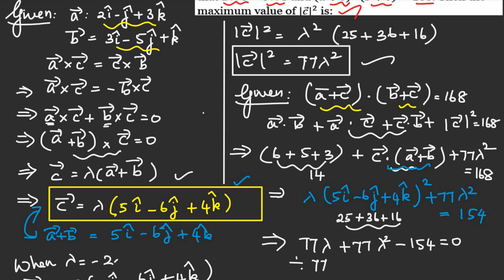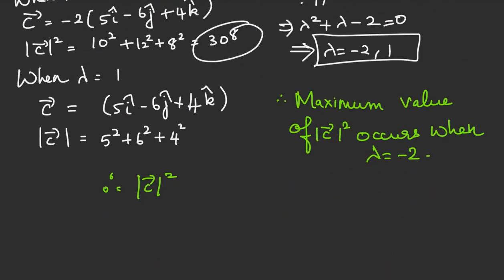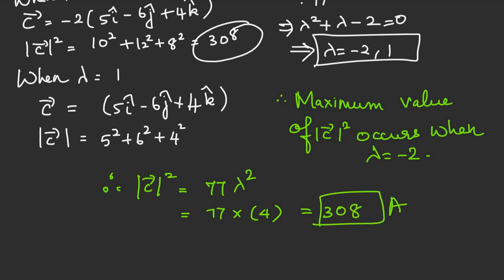We know that |C|² is equal to 77λ², so the maximum value occurs when λ is equal to −2, and therefore |C|² will be equal to 77 times (−2) the whole squared, which is 77 times 4, equal to 308. That will be our answer.